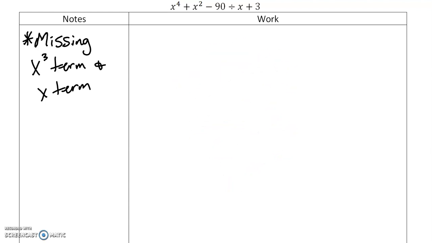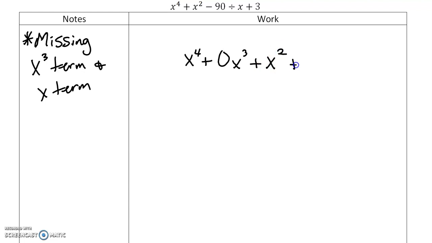So we need to have place values for these x cubed and x terms. When I write this problem down, I will have an x to the fourth plus a 0 there holding the spot for my x cubed, so I'm going to write that in as 0x cubed. Plus x squared. We have an x squared term.